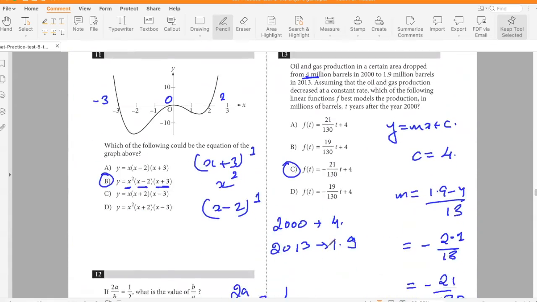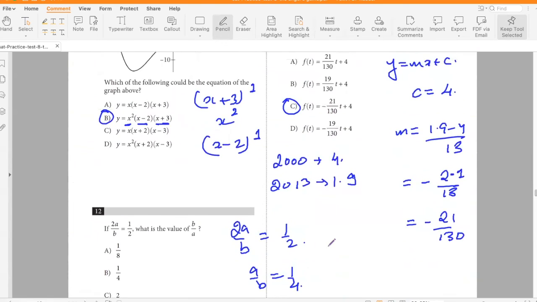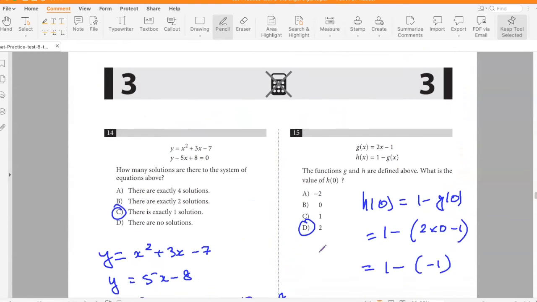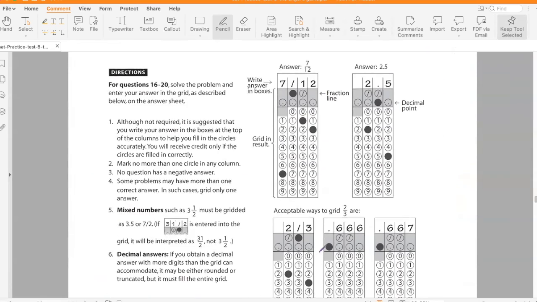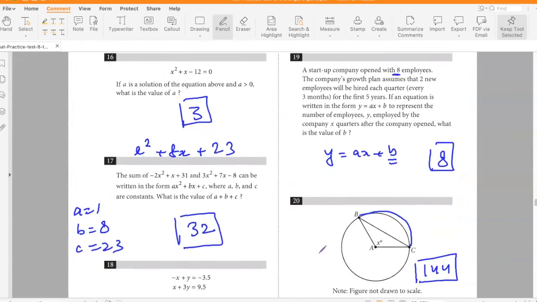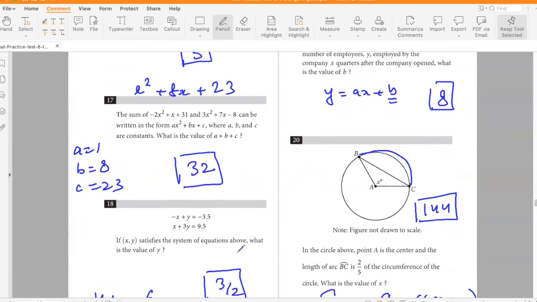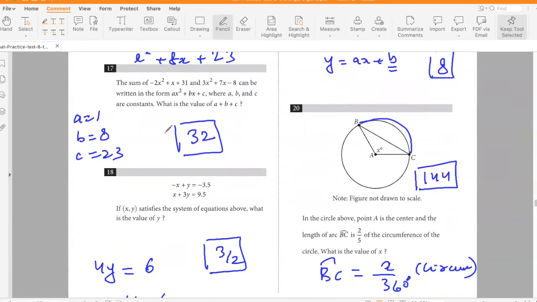DAC, BDC, okay. 14, CD, 332, 18, 1.58, 144. Okay, great. So we got all correct.